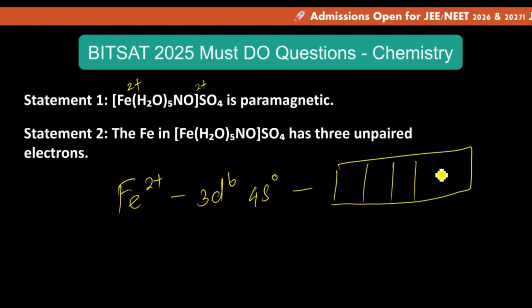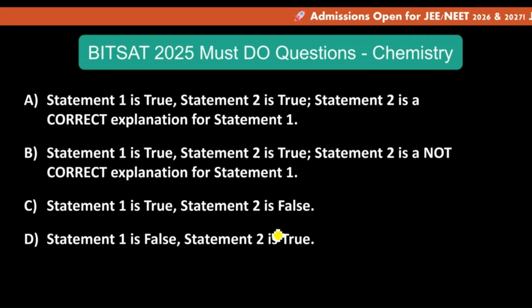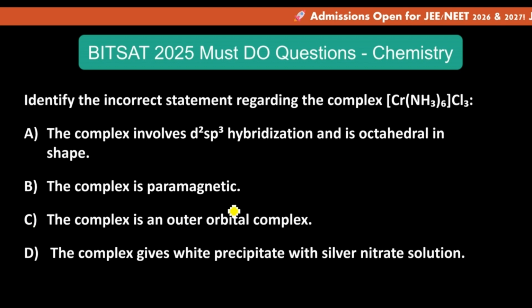And these are weak field ligands, so they do not undergo pairing. So 4 unpaired electrons are there, so this is paramagnetic. And Fe here having 3 unpaired electrons, that is false. Here we are having 4 unpaired electrons. So statement 1 is true, 2 is false.